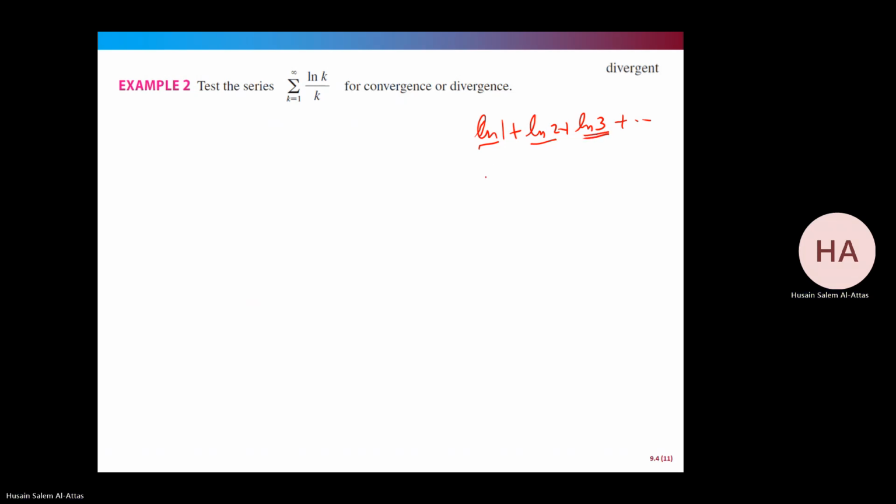If you want to compare, I can say ln k will be greater than 1 for k greater than 3, because ln 3 is more than 1. ln e is 1, and 3 is greater than e. ln 4 will be greater than 1, everything will be greater than 1. That will be my trick. So I have ln k greater than 1.